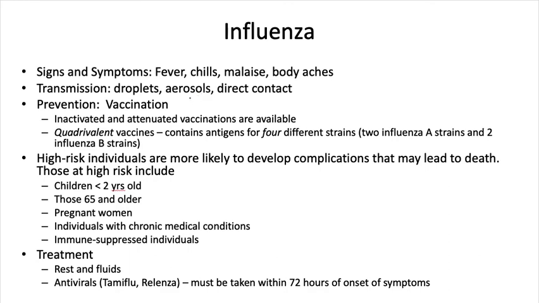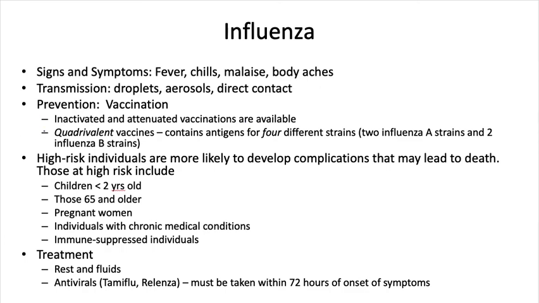It is prevented with a yearly vaccination. There are inactivated and attenuated vaccines available. The inactivated vaccines are the ones that come as a shot that you'll get in the muscle of your arm. The attenuated vaccines are the vaccinations that come as a nasal mist.